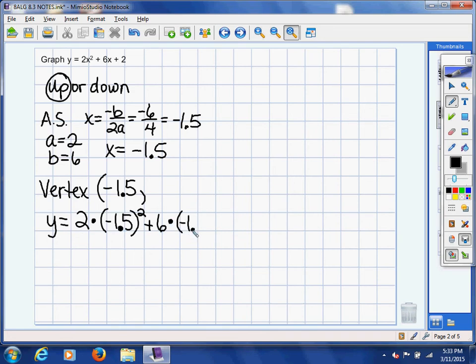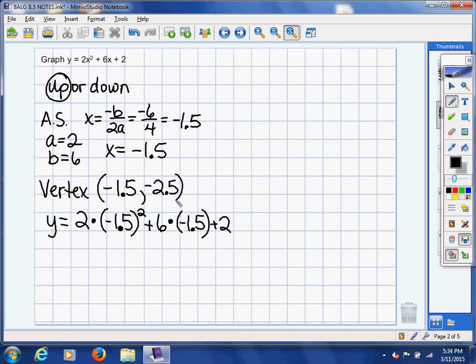Just trying to help you guys out a little bit so we don't mess up any calculations. All right, so we want to multiply 2 times the square of -1.5, then add 6 times -1.5, and then add 2. Your calculator will do all of that for you, and you should have gotten -2.5 as your y.